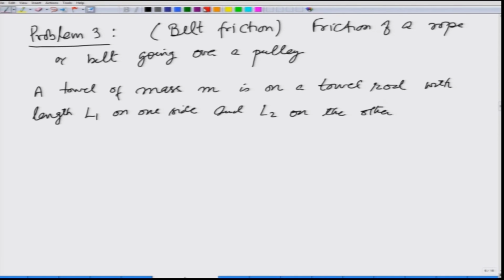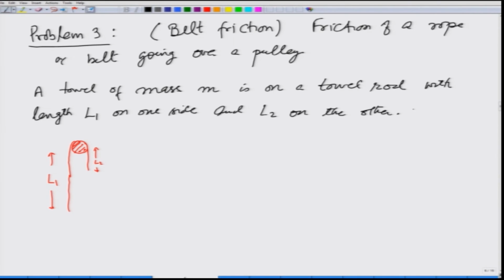So, let me explain that by picture. Here is the towel rod and here is the towel. Let us call this L1 and let us call this L2.